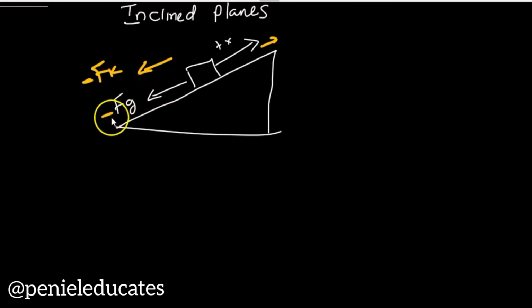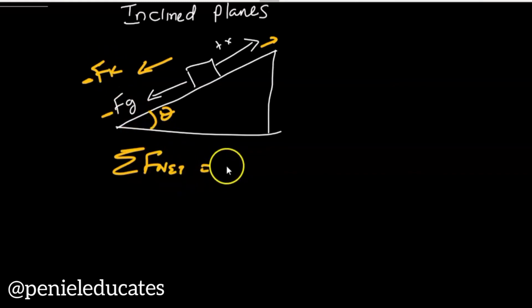So this other one also is a negative force opposing it. Don't forget, we still have our theta, the angle of inclination. Then the sum of the forces here, which is the F net, is going to be these two. These are the two forces, negative Fg and negative Fk, opposing it.